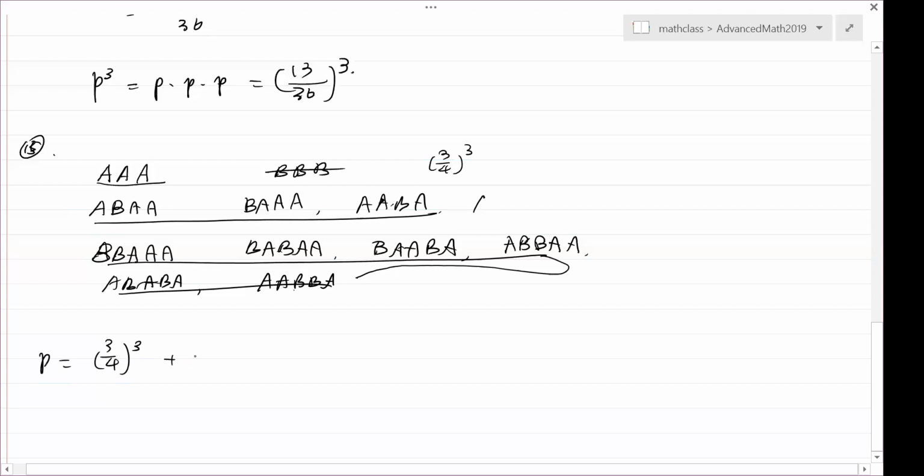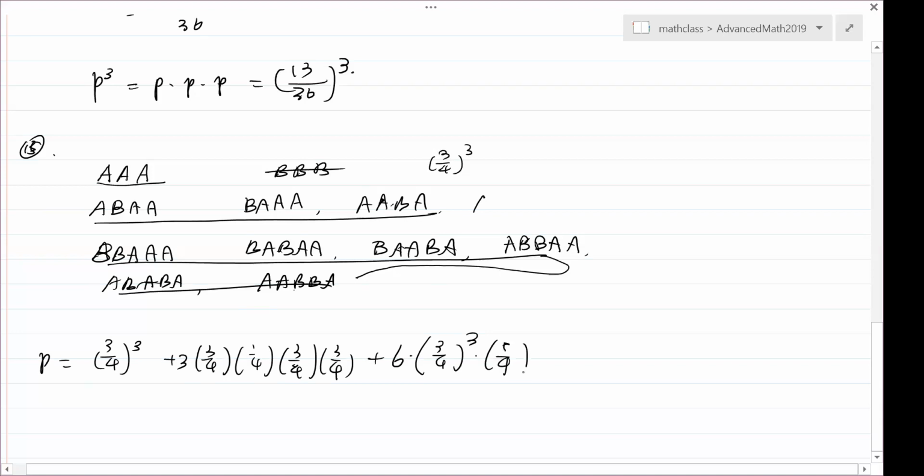Now the second case: team B has to win, 1 over 4, then 3 over 4, 3 over 4. The order doesn't matter. Actually, you have how many? 1, 2, 3. So you put 3 here. And you have 6 here: 1, 2, 3, 4, 5, 6. And each of them has 3 over 4 three times and 1 over 4 squared. So add them together. That gives the answer.